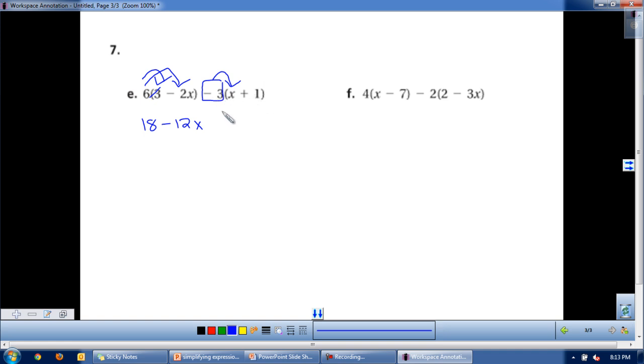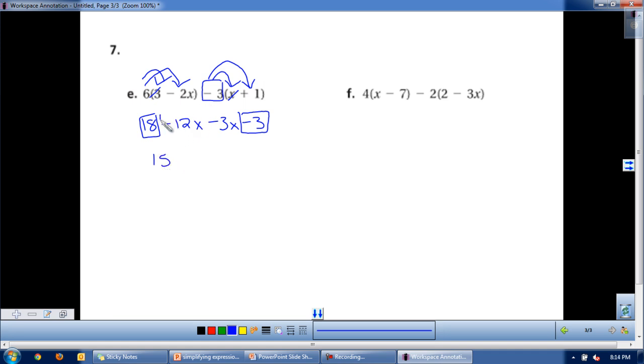Negative 3 times x, that's negative 3x, or we're going to write minus 3x. Then we're going to take negative 3 times 1, that's negative 3. We're going to combine the 18 and the negative 3. Notice when I combine like terms, I include the sign that's in front of the numbers. So 18 and negative 3, that is 15.